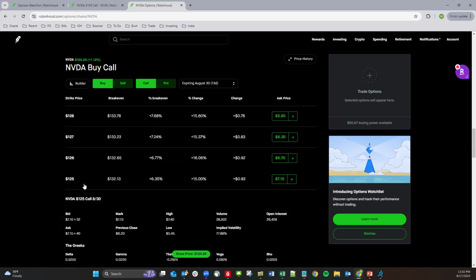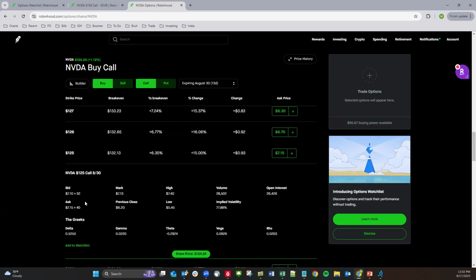Anything closer to 124, you will see it is 0.5. And it will keep decreasing as you move forward, which essentially means if I bought a $125 strike price, for my movement of $1 on the underlying, my premium is going to increase by $52.